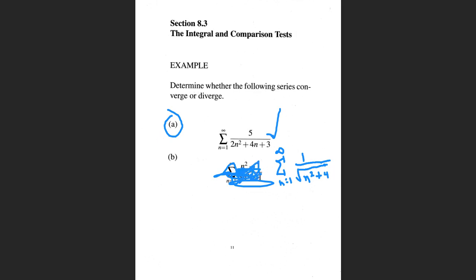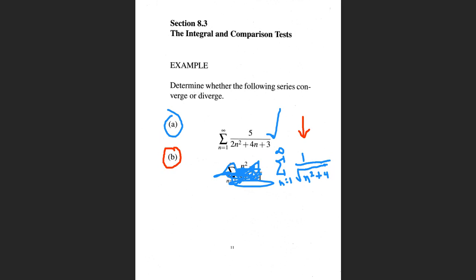So in your notes, change B to the series from n equals 1 to infinity of 1 divided by the square root of n squared plus 4. And what I'm going to do is go to the whiteboard to work this problem.